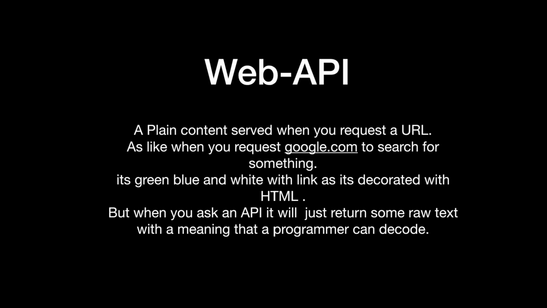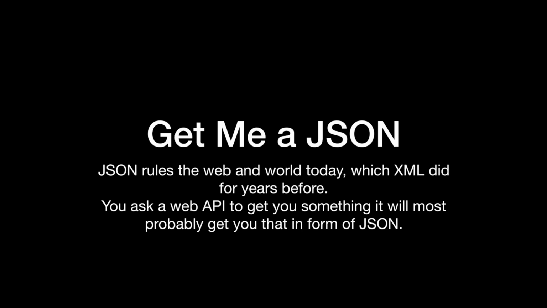So, Web API. Whenever you search a website on the browser, you see something decorated by HTML, with green, blue and white links. But when you ask an API, it will just return some raw text with a meaning that only a programmer can decode. So get me a JSON. As I told you, the waiter takes your request to the kitchen and brings the response to you.